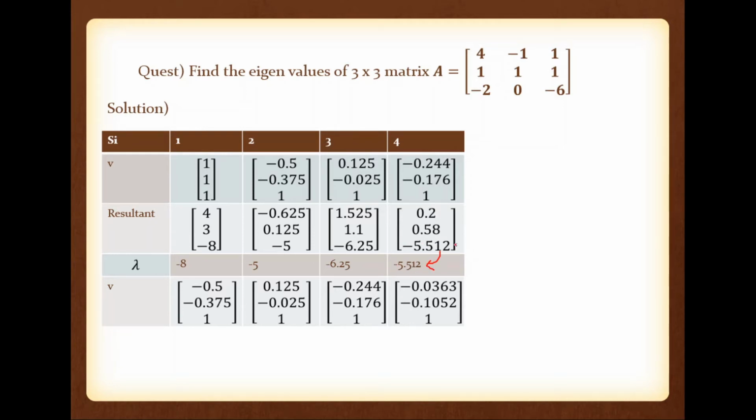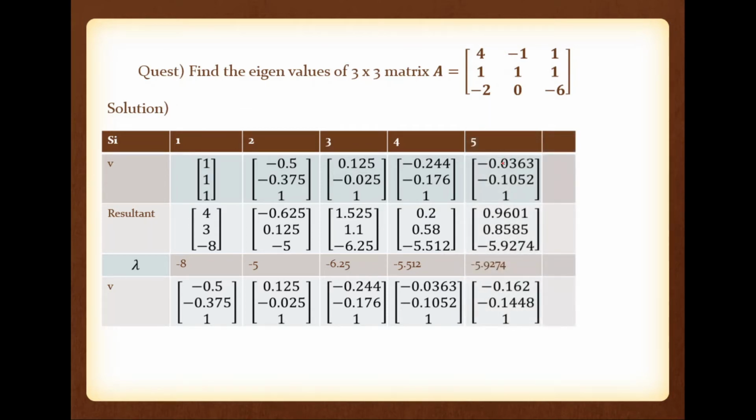If you take this outside, the remaining is minus 0.0363, minus 0.1052 and 1. This new vector is different from the previous one, so we have to continue the iteration.